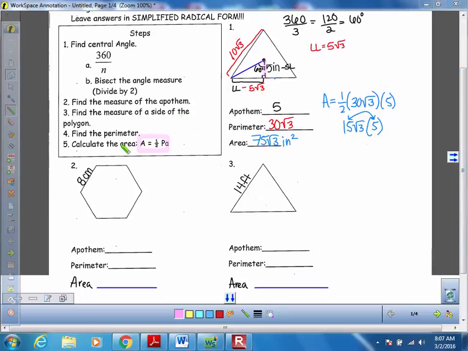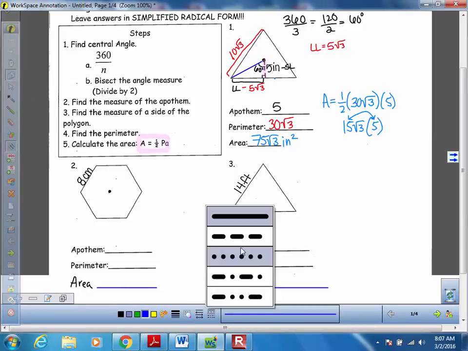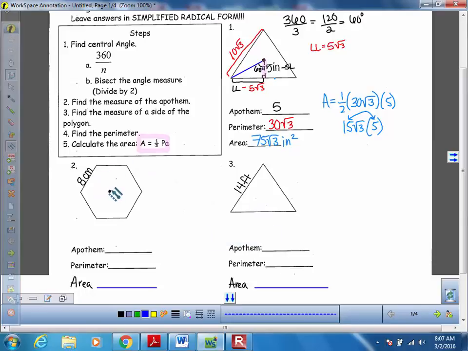So in example 2, we're given the side of this polygon. I want to draw my dot in the center and then my radius and my apothem.